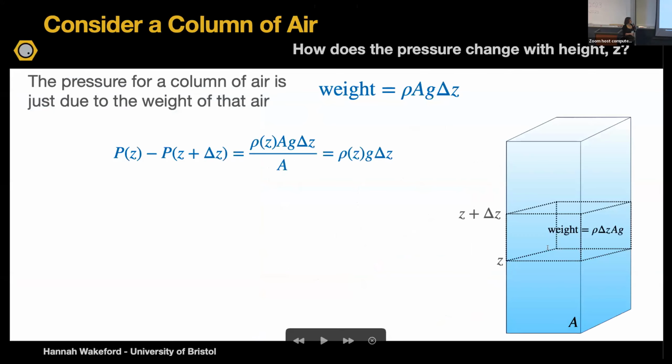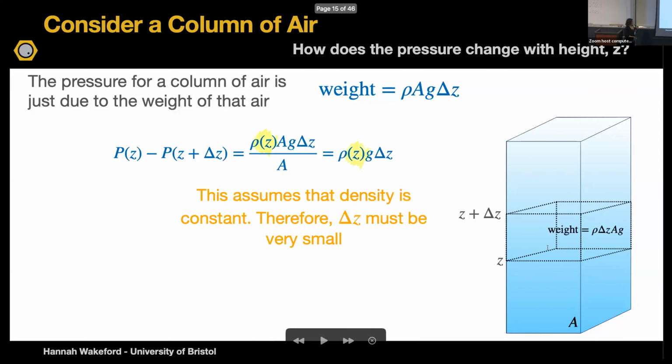So we're going to consider a column of air, and how and why the pressure is changing across this. If we look at a column of our air, we can say that the weight of our air is just the density times the area it's covered and the height of that column that we're looking at. This is actually assuming that our density within our column is constant.